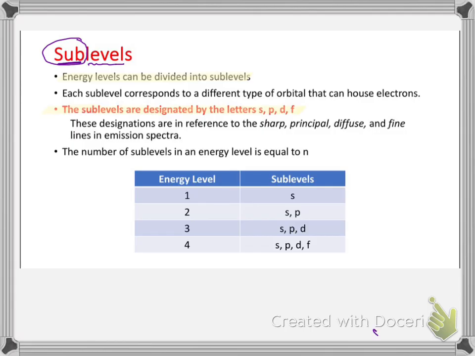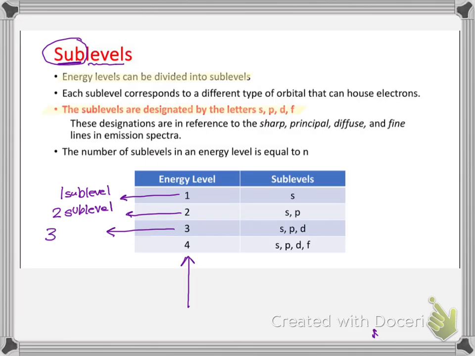So here are the energy levels: 1, 2, 3, 4. It can keep going; these are just 4 common ones. Notice that 1 has 1 sublevel inside of it, and 2 has 2 sublevels. This is what the last bullet point is saying: the number of sublevels in an energy level is equal to the N value.